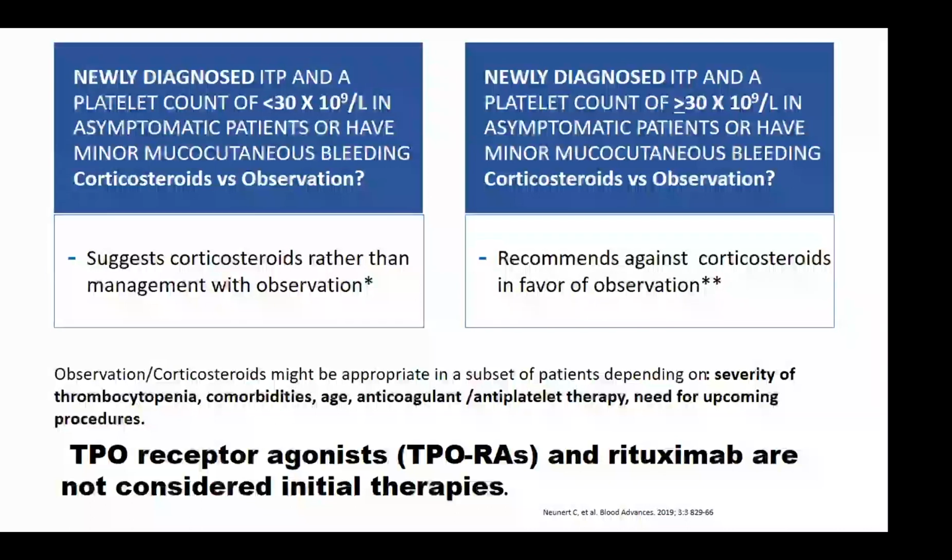But the number, as I mentioned, also depends on other factors like severity of thrombocytopenia, comorbidities, age, anticoagulant or antiplatelet therapy, and need for an upcoming procedure. So in the management of these patients, we need a higher level of platelet count.